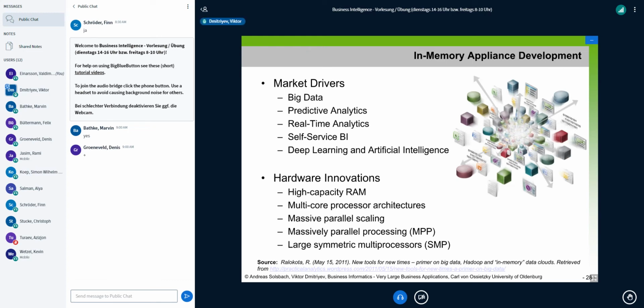Exasol is an in-memory database used in different use cases, and it's really fast, and really costs a lot of money. It's a small company, not an SAP. There is also SAP HANA, and they are really changing the market nowadays, for instance by integrating more intelligence into a database.